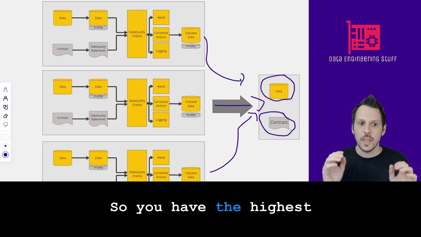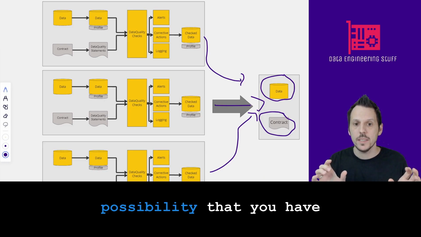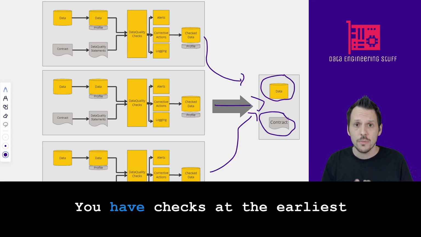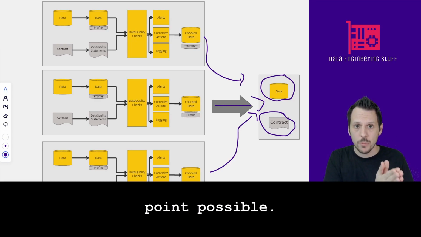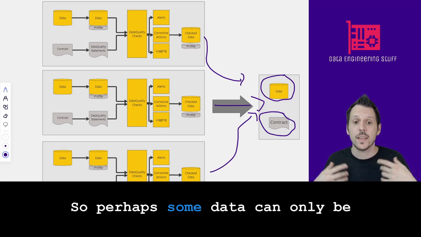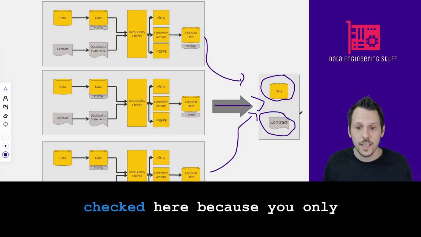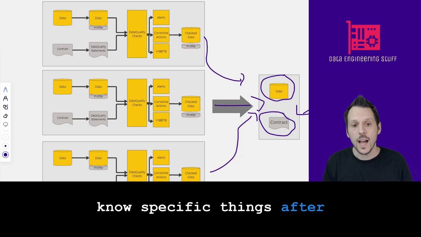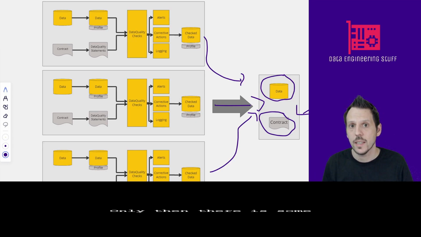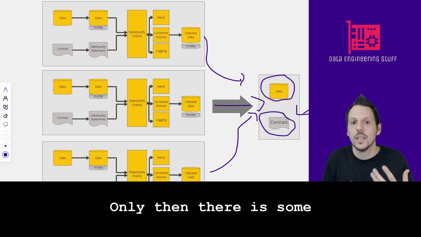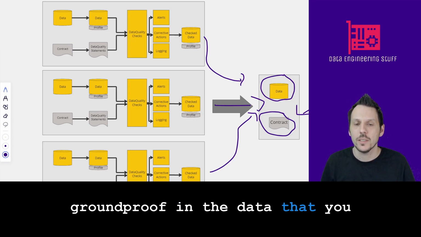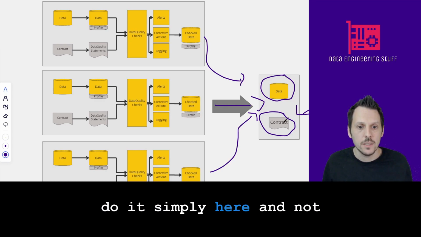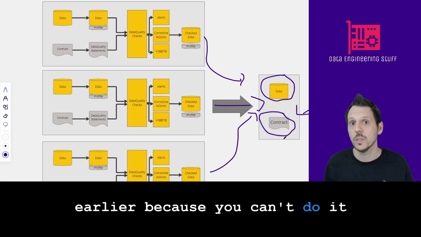So you have the highest possibility that you have high quality data. You have checks at the earliest point possible. So perhaps some data can only be checked here because you only know specific things after you join 2 data sources. Only then there is some ground truth in the data that you can do a check on, and then you do it simply here and not earlier because you can't do it earlier.